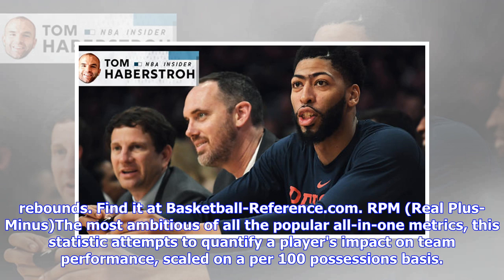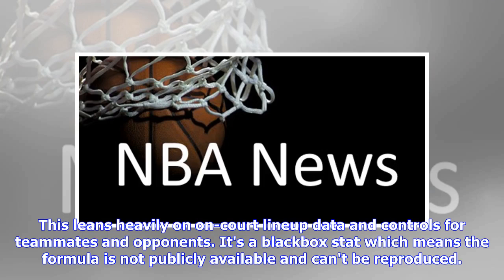RPM, real plus minus, the most ambitious of all the popular all-in-one metrics. This statistic attempts to quantify a player's impact on team performance, scaled on a per 100 possessions basis. This leans heavily on on-court lineup data and controls for teammates and opponents. It's a black box stat, which means the formula is not publicly available and can't be reproduced.